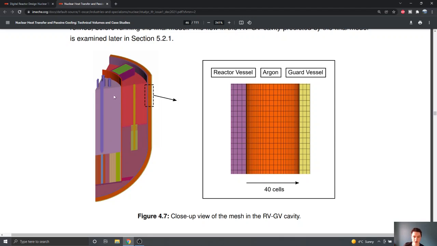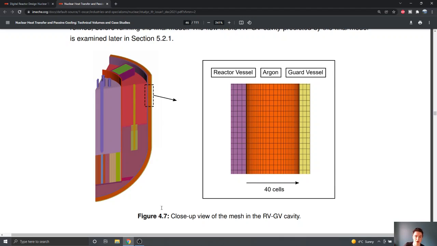So there are meshes for the lead pools, the porous media regions for the fuel assemblies, but also the solid components as well. So this reactor vessel shell, guard vessel shell, and also the air gap between the reactor vessel and the guard vessel. We've meshed all of those regions.